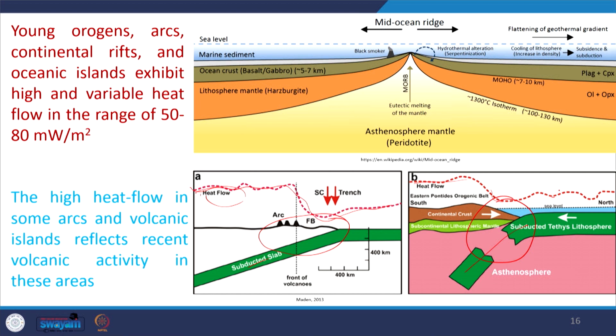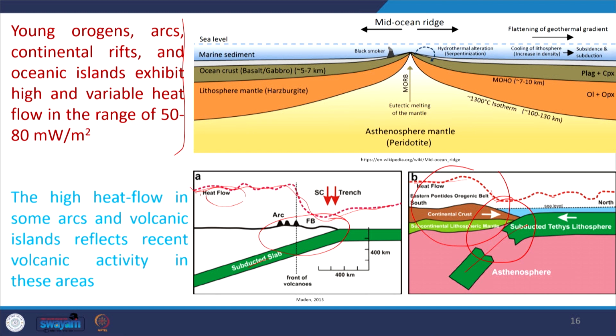So, that means it is indicating that orogenic areas, where there is continental collision or subduction, these regions and island arcs, then continental rifts, these environments produce more heat compared to the normal continental or oceanic crust region.